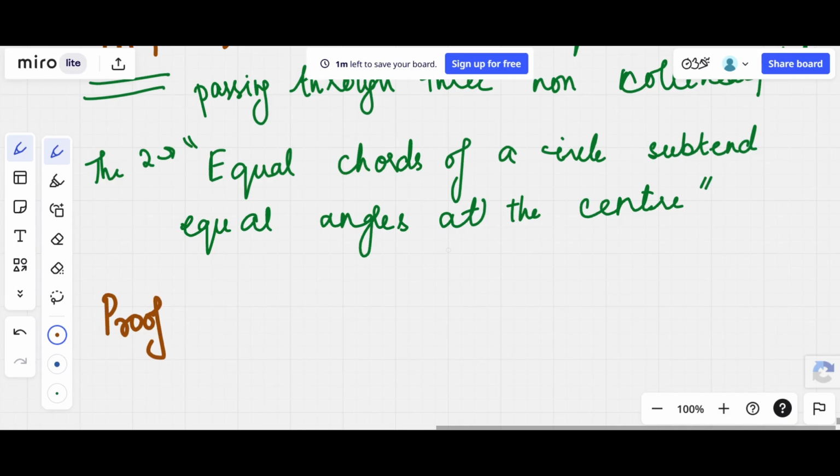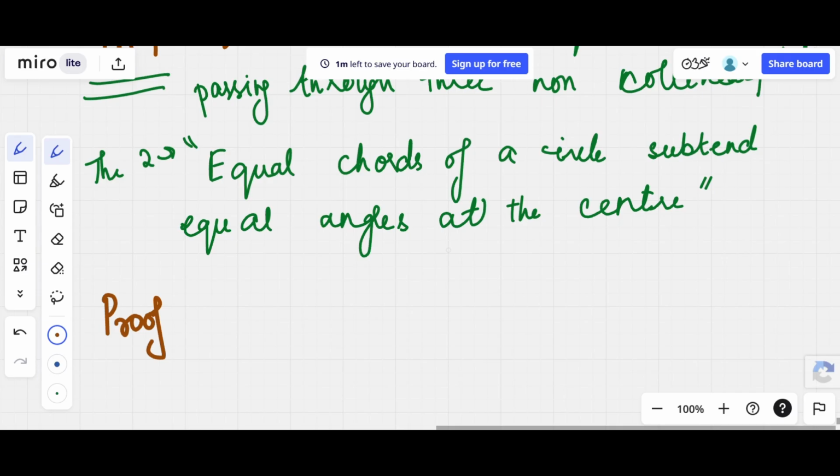Ma'am, how many theorems are there for circle? Circles, as far as I remember, there should be 11, because theorem three is the converse of that.